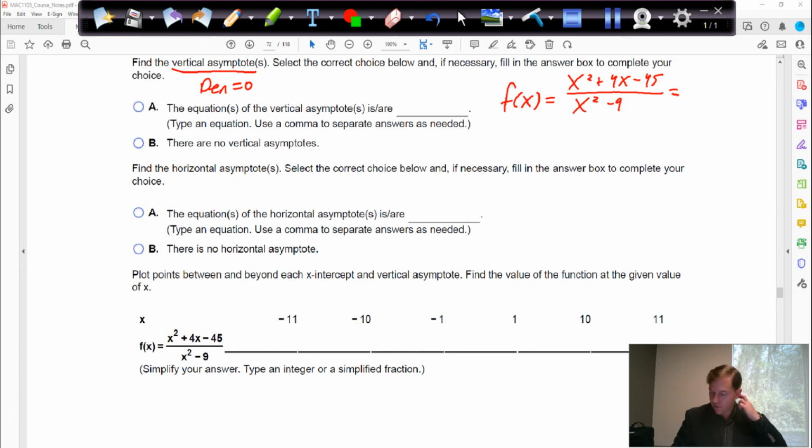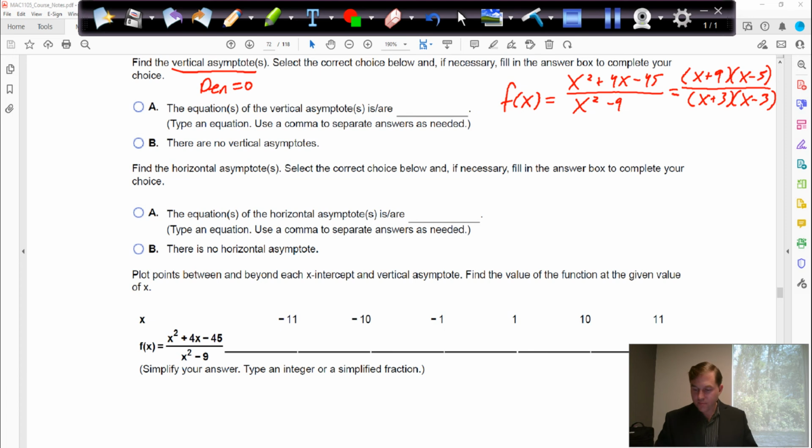Now we just discovered that this factors. So this top factors into x plus 9, x minus 5, and the bottom factors into difference of perfect squares, x plus 3, x minus 3. And it's from the bottom that we get the vertical asymptotes. So we're going to say the bottom can never be 0.